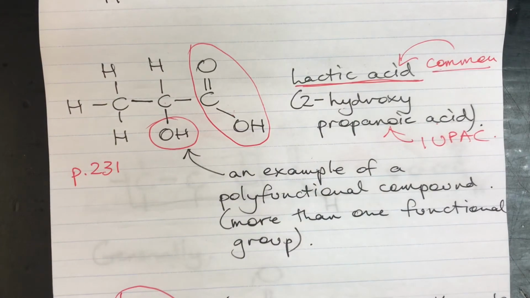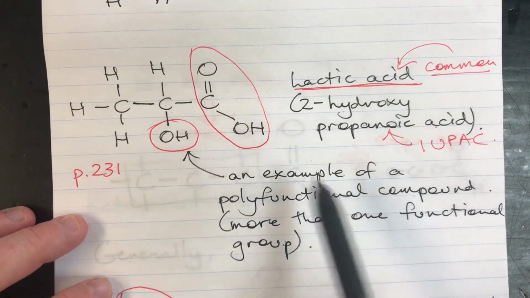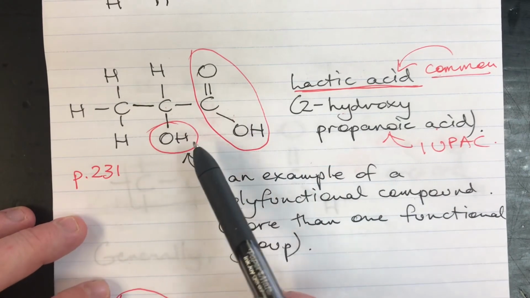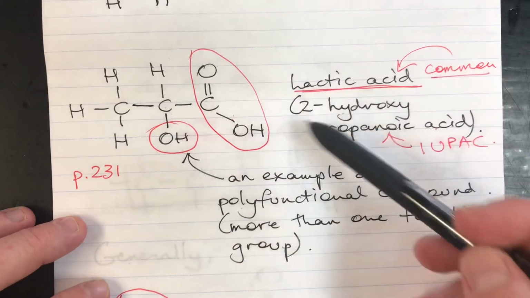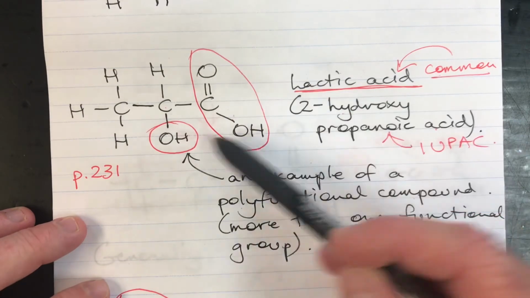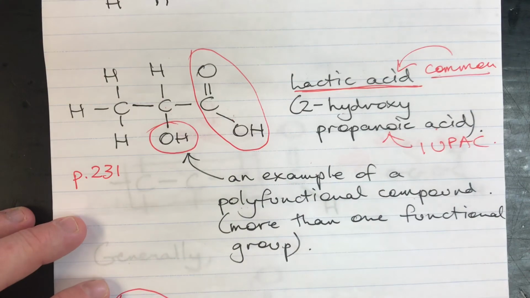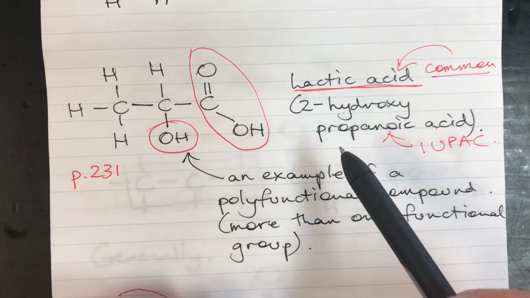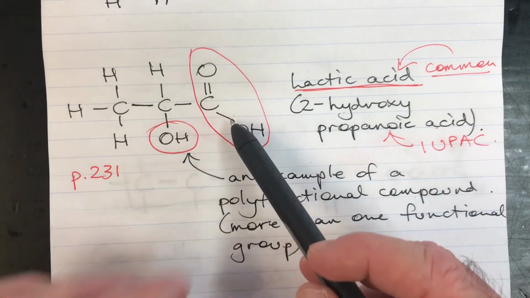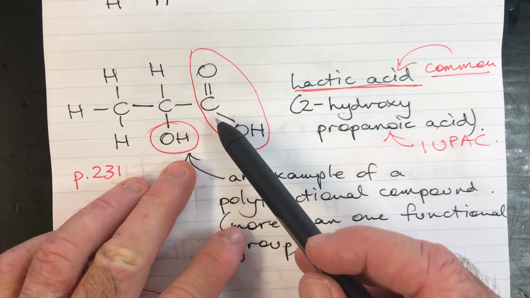Well, thankfully we're at the last little section of chapter 9.2 now, looking at polyfunctional compounds. We're looking at organic compounds with more than one functional group. Like in the case of lactic acid I showed you at the start, there's the carboxylic acid group and a hydroxyl group. Now, what do you do in naming this type of compound? When you've got 2 functional groups, there'll always be a principal functional group, the main one, the boss one.